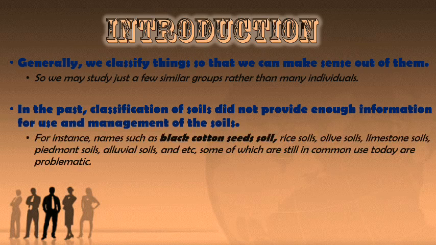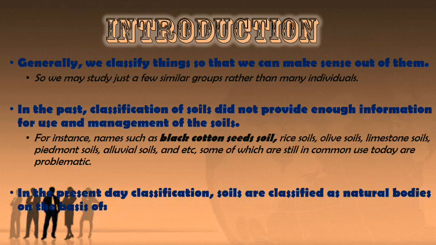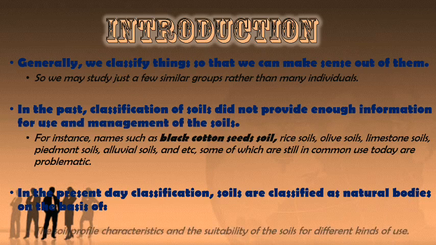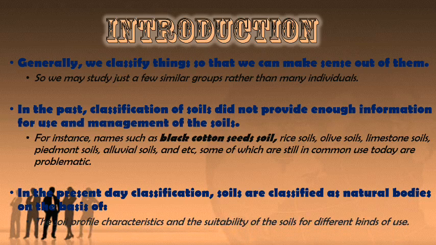For instance, names such as black cotton soils, rice soils, olive soils, limestone soils, Piedmont soils, alluvial soils, etc., some of which are still in common use today, are problematic. In the present-day classification, soils are classified as natural bodies on the basis of the soil profile characteristics and the suitability of the soils for different kinds of use.